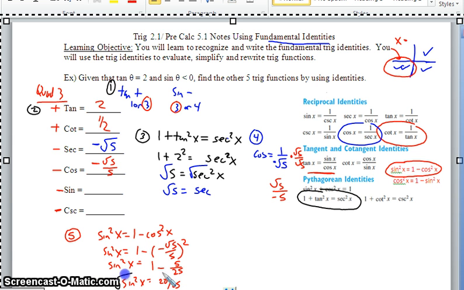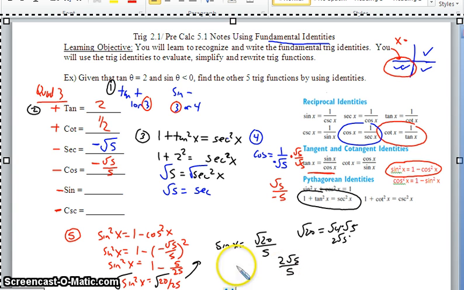Take the square root of that, and we get sine of x to be equal to the square root of 20 over 5. And I know that the square root of 20 is the same as square root of 4 times the square root of 5. So it's got to be 2 square roots of 5. So 2 square roots of 5 over 5. And again, I get a positive number here, but I know my answer should be negative.